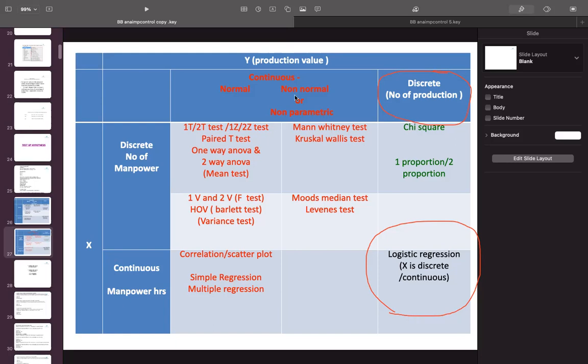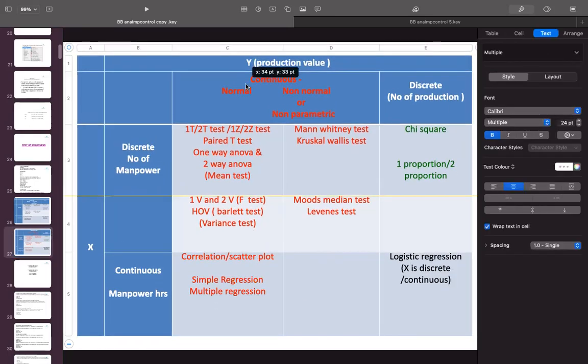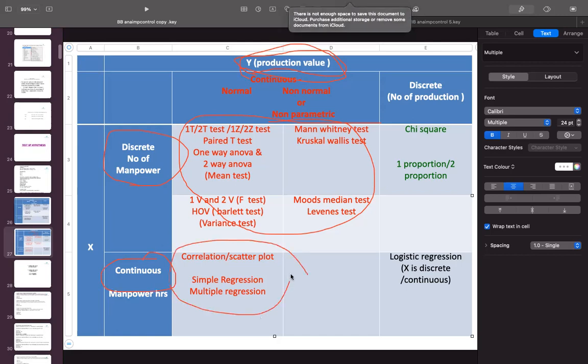The first combination is Y continuous and X discrete, for which we have these tests. Y continuous and X continuous, you do these tests.